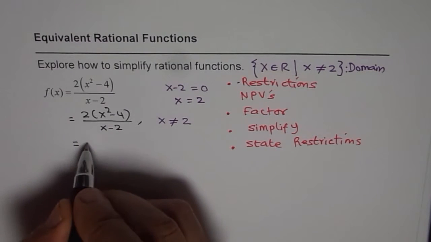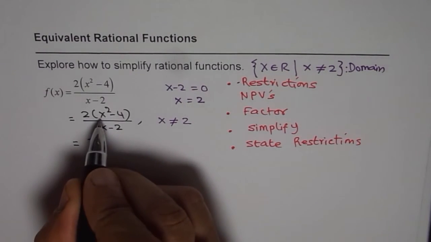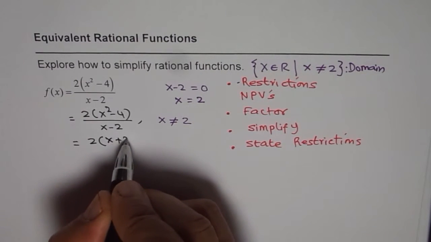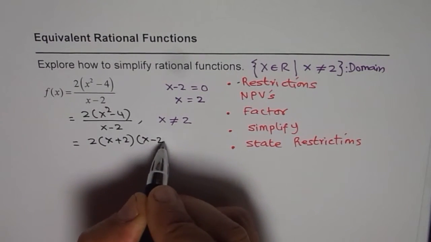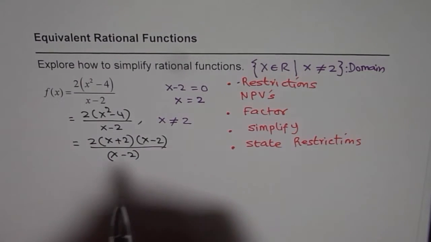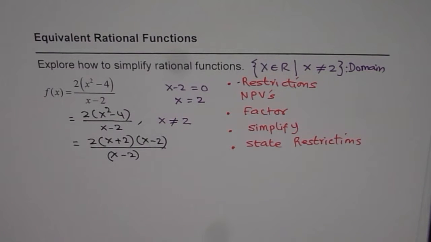Okay, let's do further. It is a difference of squares, x squared minus 2 squared. I could write this as x plus 2 times x minus 2 divided by x minus 2, correct? Now I can see that x minus 2 is a common factor.